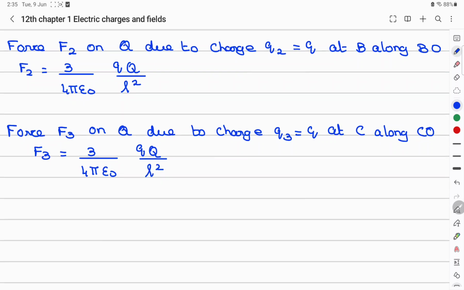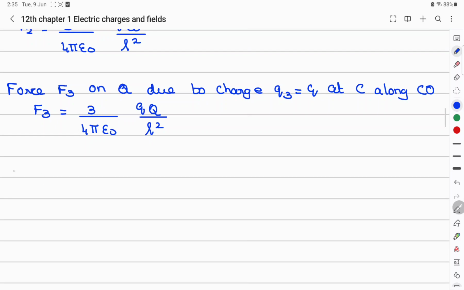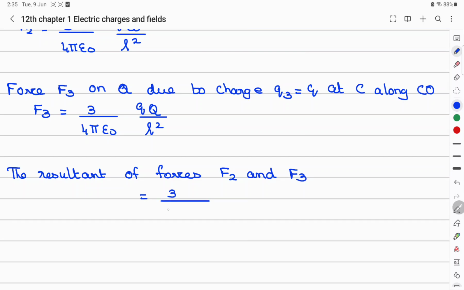So the resultant of forces F2 and F3 is equal to 3 by 4 pi epsilon naught QQ by L square, which is along OA.